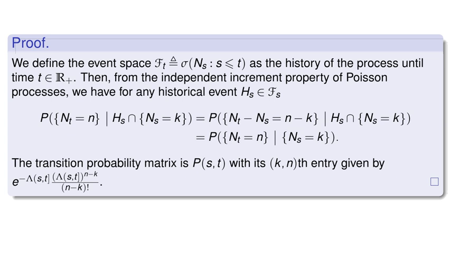The transition probability matrix P_st would have its (k, n) entry given by e to the power minus Λ((s,t]) times Λ((s,t]) raised to the n minus k over (n minus k) factorial for n greater than or equal to k, and 0 otherwise.